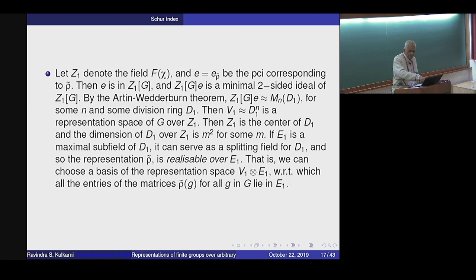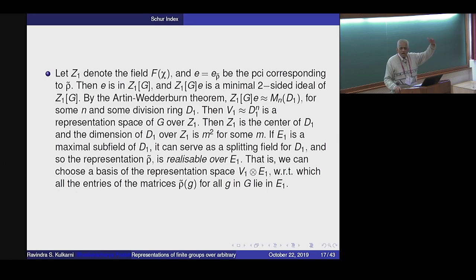Then D1 to the N is the vector space which will be the representation space of G over Z1. Then Z1 is the center of D1, and the dimension of D1 over Z1 is M squared for some M. So if E1 is a maximal subfield of D1, it can serve as a splitting field for D1, and so the representation rho tilde is realizable over E1.